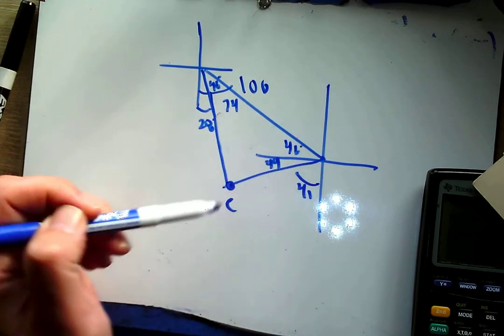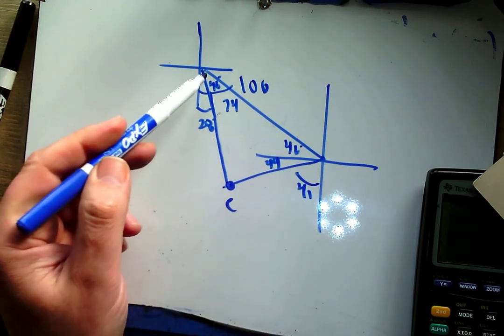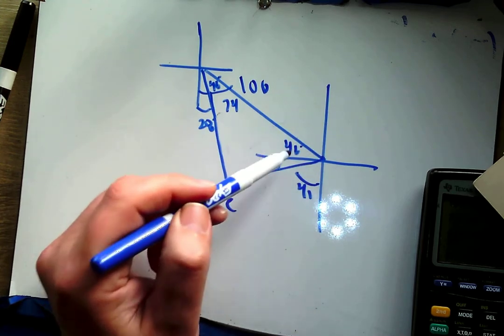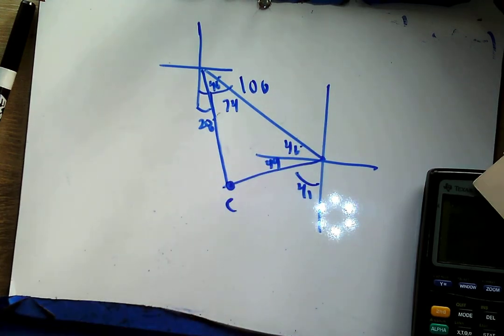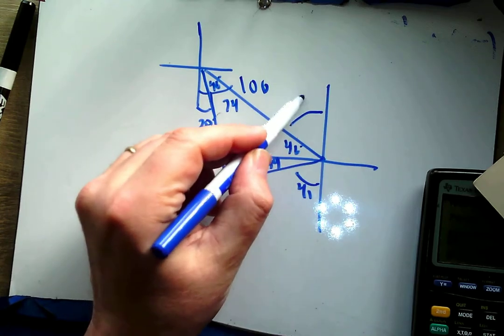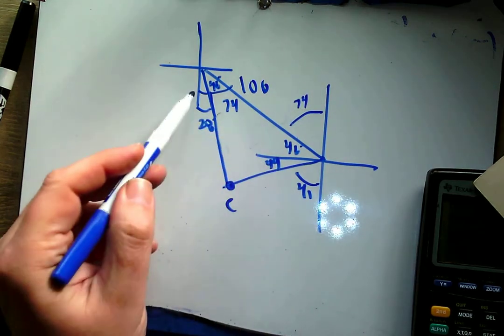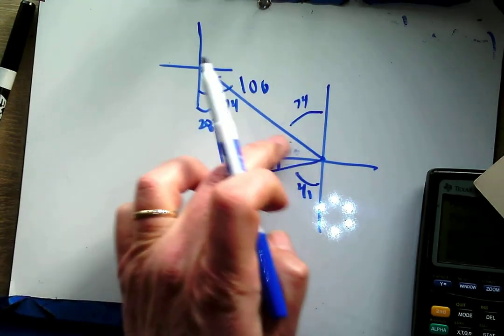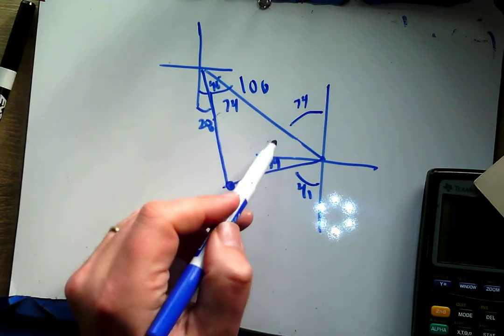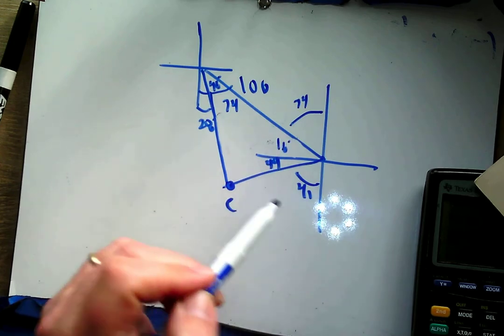So this was 46. Why is that 46? Because that one's 74. That one's 74. That's not 46. That's 16.